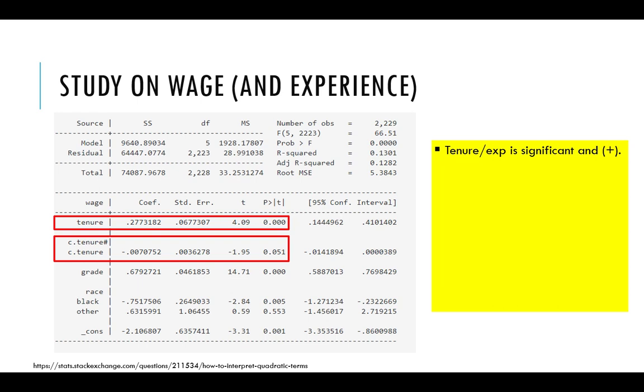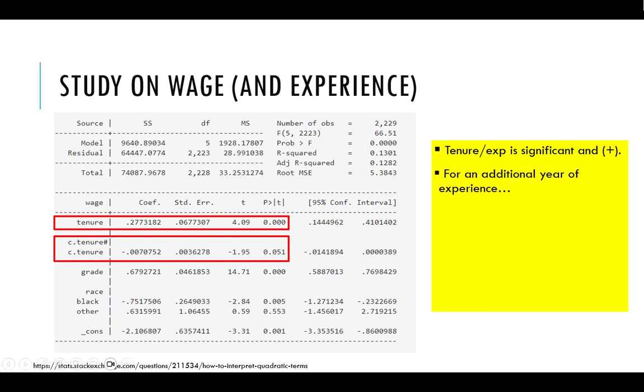So highly significant. And look at the coefficient, 0.277, it's positive, right? So everyone agree with my first statement? Tenure is significant and positive. Well, that makes sense, right? More experience usually means higher wage. We would expect that to have a positive coefficient, and it's not surprising that it's significant, right?